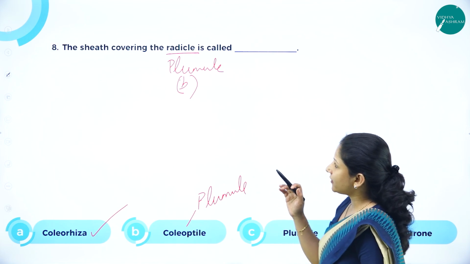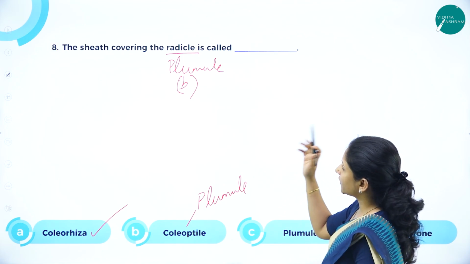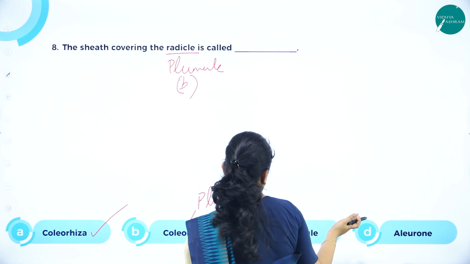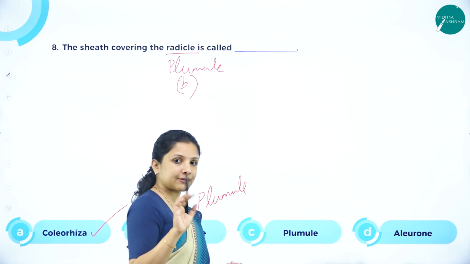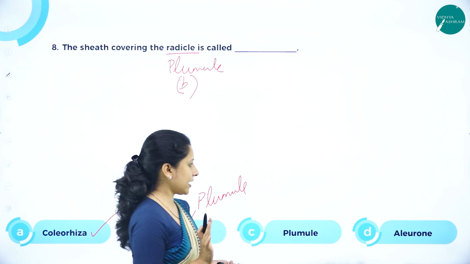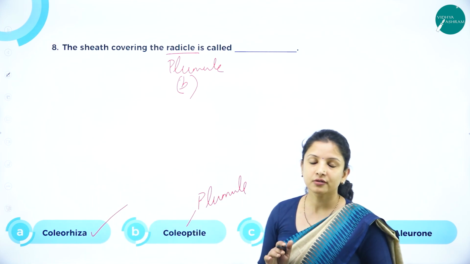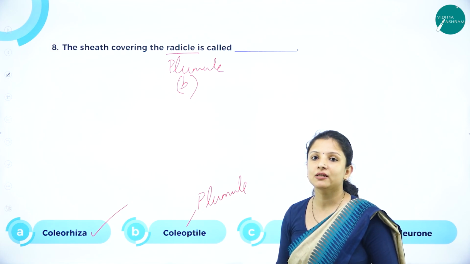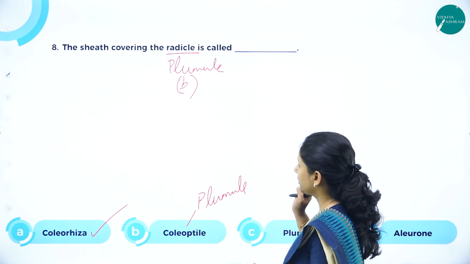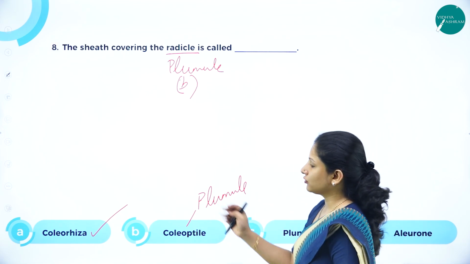But the question here is the sheath covering the radicle, and it's coleorhiza. It's not plumule, it's not aleurone. Aleurone is the layer that separates the endosperm from the embryo. They can also ask which is the proteinaceous layer in the monocot. That is also aleurone. Here the sheath covering the radicle is called coleorhiza.